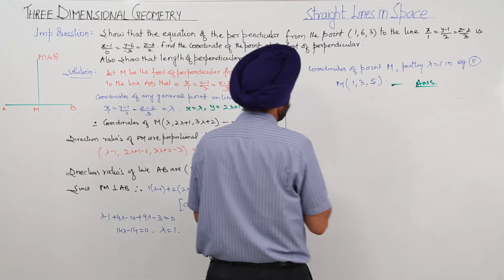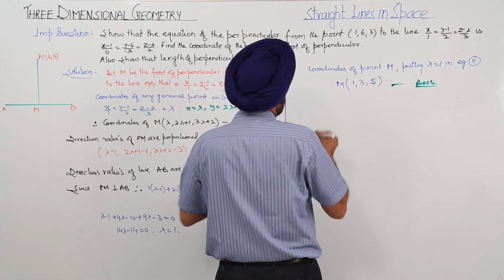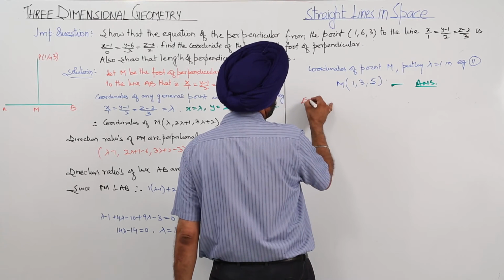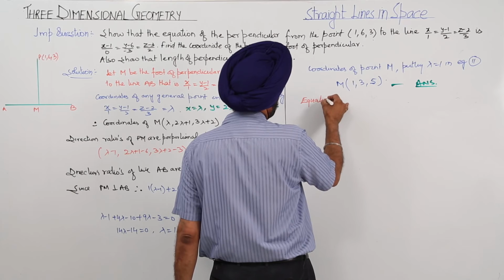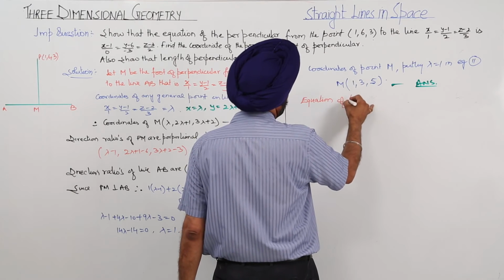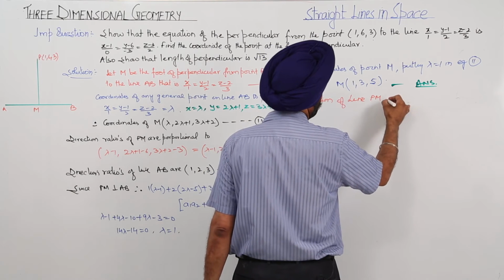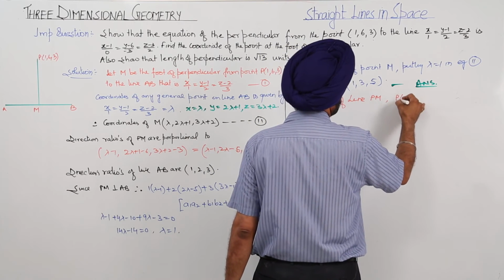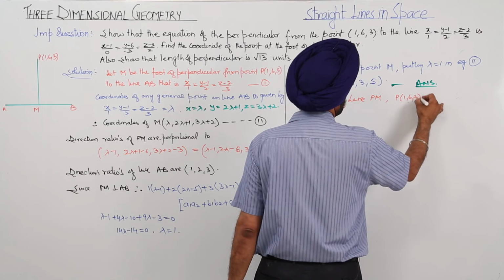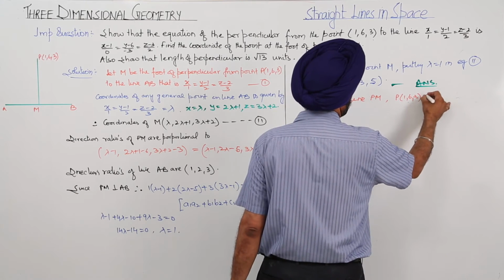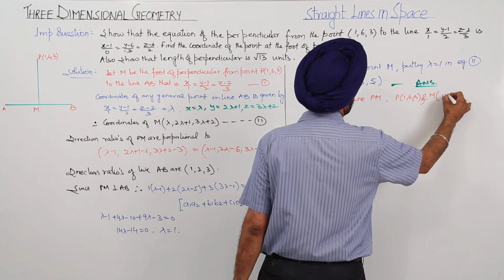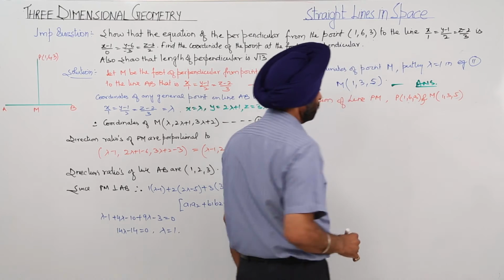Now the equation of line PM, where coordinates of P are 1, 6 and 3 and coordinates of M are 1, 3 and 5.